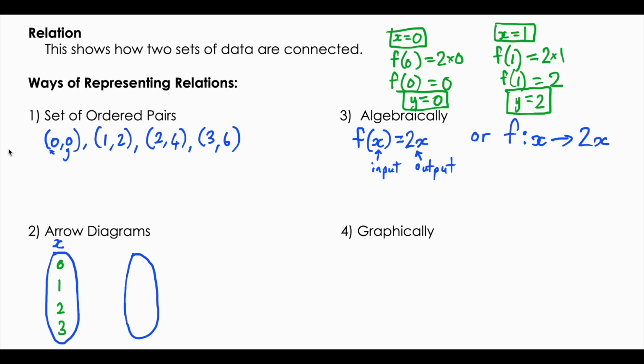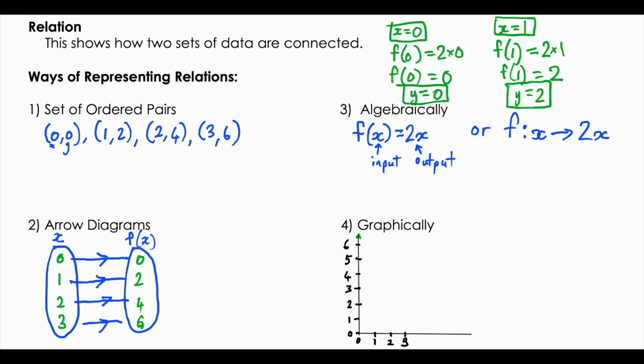So the input was these first values of x, and our outputs, once put into this, would essentially be 0, 2, 4, 6. So in essence, 0 is mapped to 0, 1 is mapped to 2, 2 is mapped to 4, and 3 is mapped to 6. Alright, so this here is what we refer to as an arrow diagram.